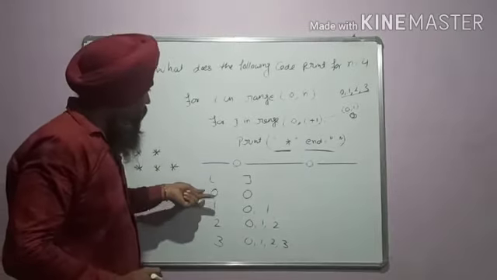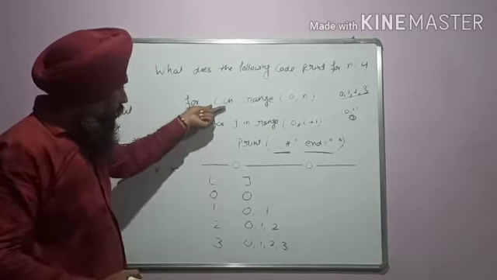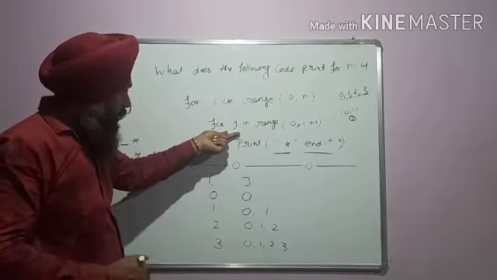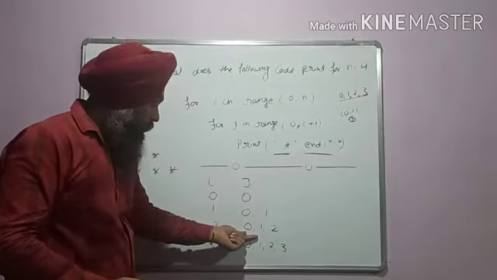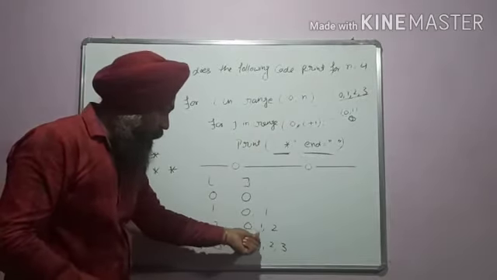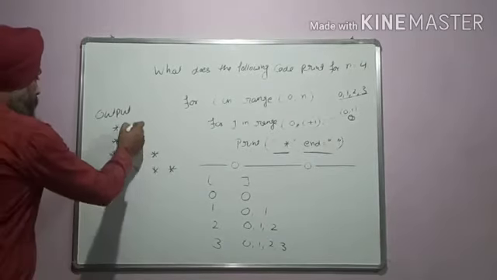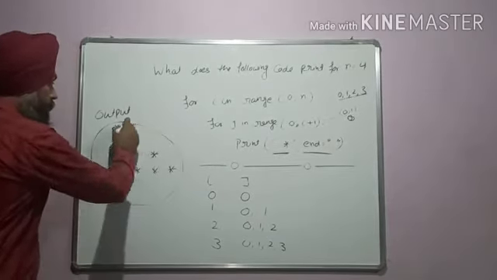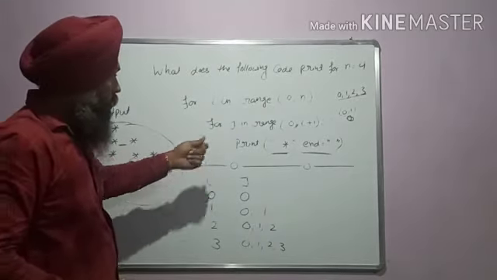And for the 2 value of i, the j, meaning the second loop, will execute 3 times for the values 0, 1 and 2. So in this way this pattern will be generated with this code.